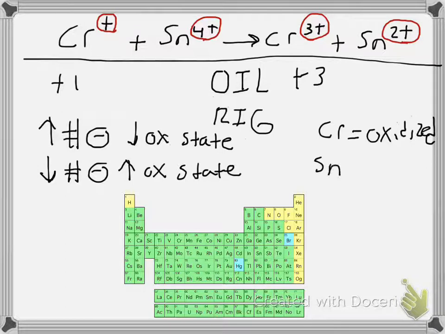Tin, on the other hand, is going from a +4 to a +2. That's a reduction in oxidation state. And as we said here, an increase in electrons results in a decrease in oxidation state. If you're increasing your electrons, you're also gaining electrons. So that means tin is being reduced.